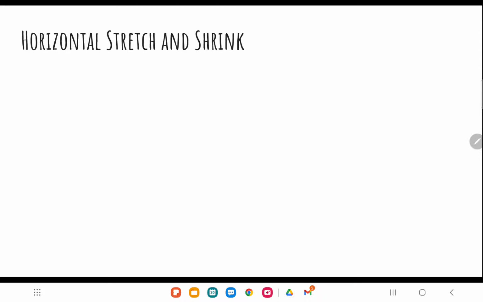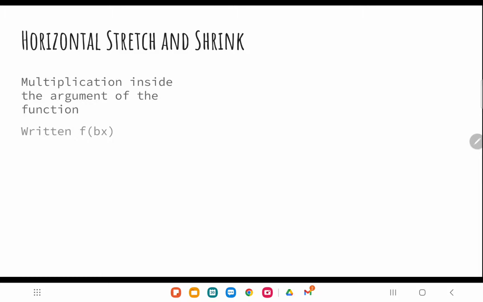Horizontal stretch and shrink is easiest to see in some functions like the trigonometric functions, which we'll work with later in the year. But our example here will be a piecewise function. Multiplication here occurs inside the argument of the function. It's written f of b times x.